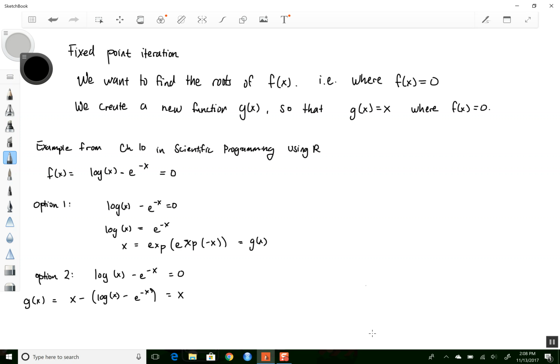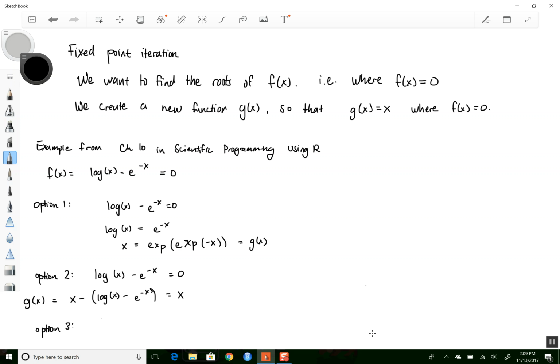So basically, a solution to this thing equaling x would be a solution to the original thing being equal to 0, right? Same thing right here. If we find where this thing is equal to x, that would also tell us where the original f of x is equal to 0.